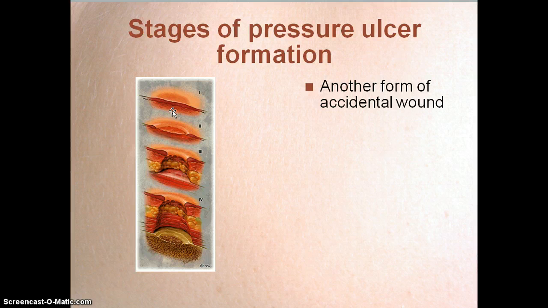In a stage 3, we're looking down into some of the subcutaneous tissue, and a stage 4 ulcer is very concerning because we can actually see muscle, fascia, and organs below that. It's a very deep type of pressure ulcer that we hope our patients do not experience.